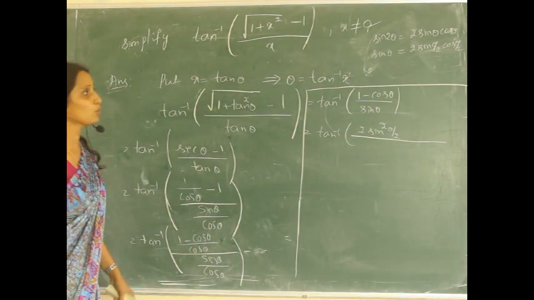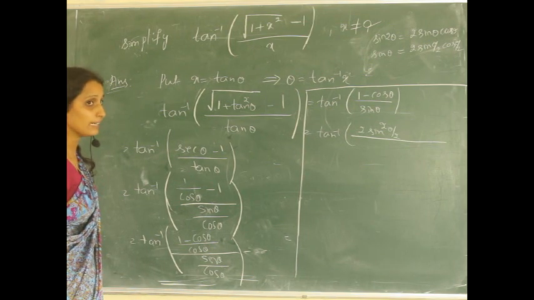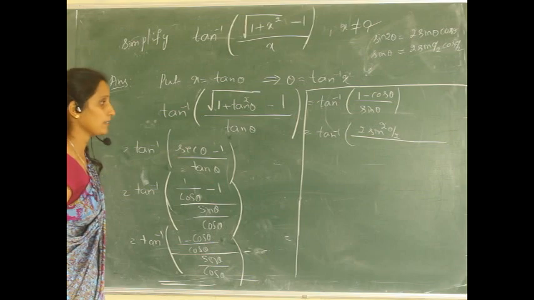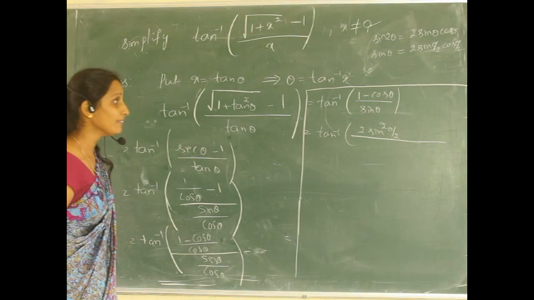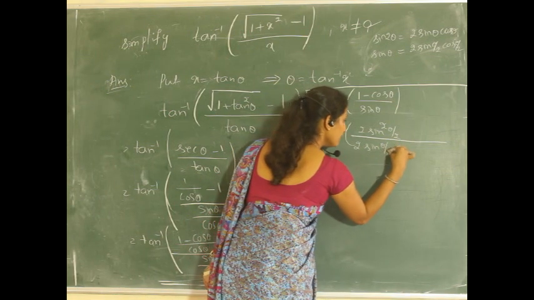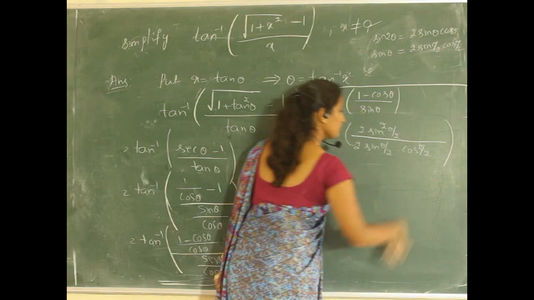When we write the half angle, 2 theta becomes theta. So sin theta is equal to 2 sin theta by 2 into cos theta by 2. Therefore, we can write sin theta as 2 sin theta by 2 into cos theta by 2.